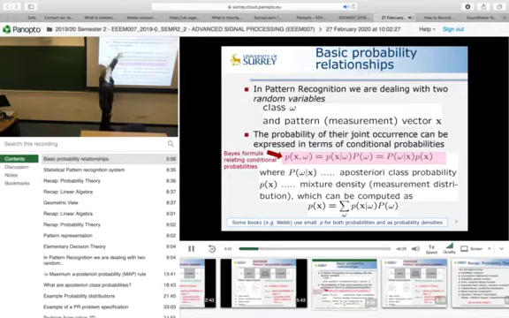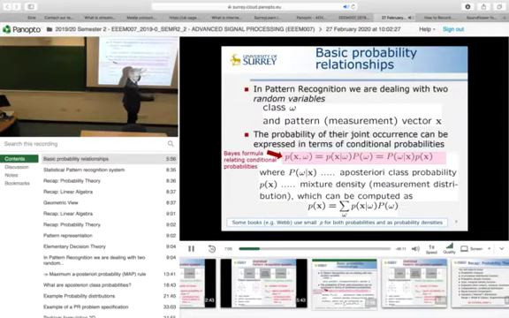In this case, our class omega could take the value 1 or 2 for the class, or it could take the value omega 1 or omega 2. But the pattern or measurement vector X can take different values with different probabilities. So you can think of it like there's a sort of density that this has.